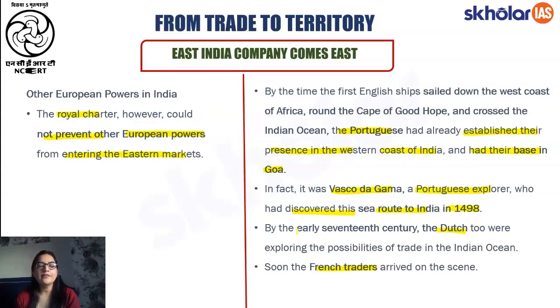Now, apart from this, students, by the early 17th century, the Dutch too were exploring the possibilities for trading in the Indian Ocean, and the last to reach our country with respect to trade perspective were the French traders. So from this particular slide, we can understand that European powers such as the Portuguese, Dutch, English and French were keen to enter the trade markets of India.